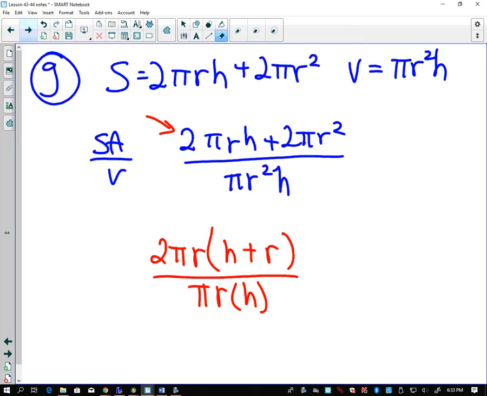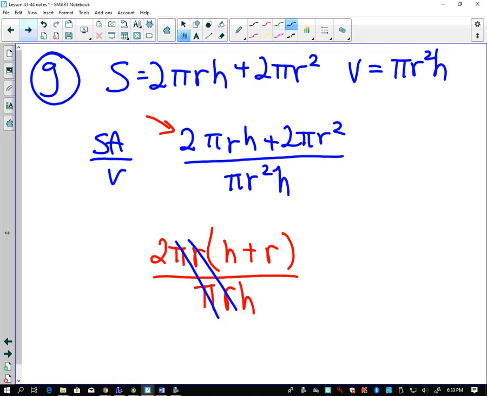Hold on. Kind of looking at what they've got here. Okay. Just leaving it like that, what we'll notice is that I factor out a pi and I factor out an r from what's been factored out.